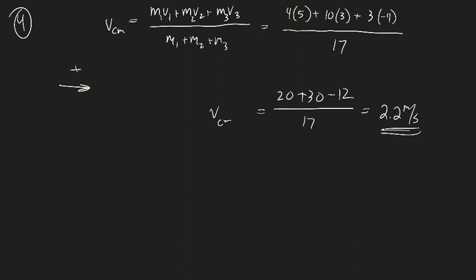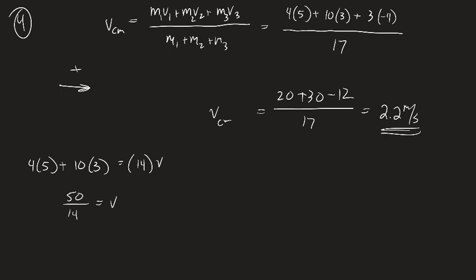Would you like me to do the collision problem and show that that's going to be true? Okay, so it won't take long. So it's just the first 2 cars. So that's going to be 4 times 5 plus 10 times 3 equals 14 plus whatever this final velocity is. This is still 50 divided by 14.